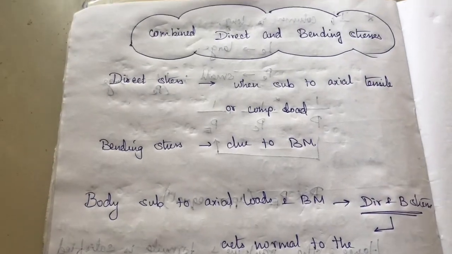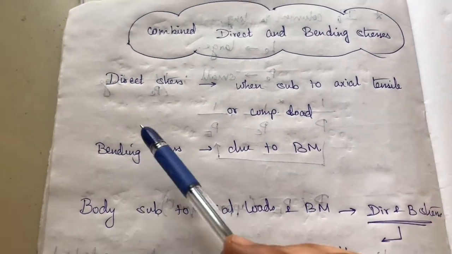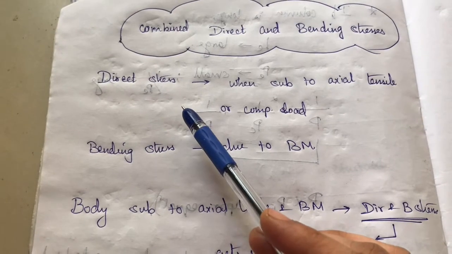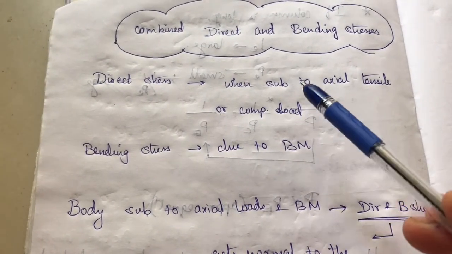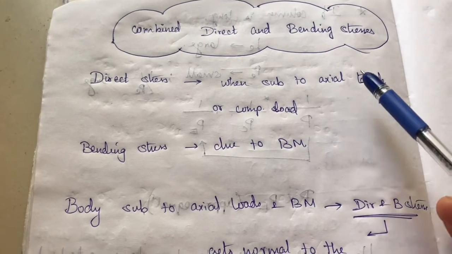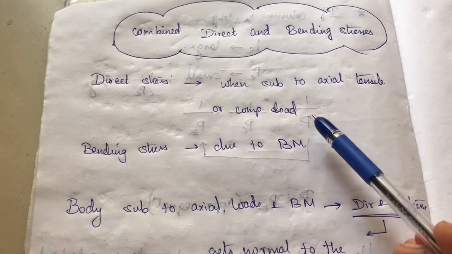And the next one is combined direct and bending stress. Okay, so what is direct stress? Direct stress is nothing but when it is subjected to axial tensile or compressive load.